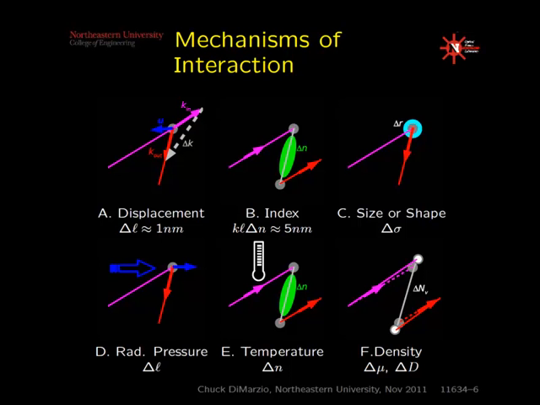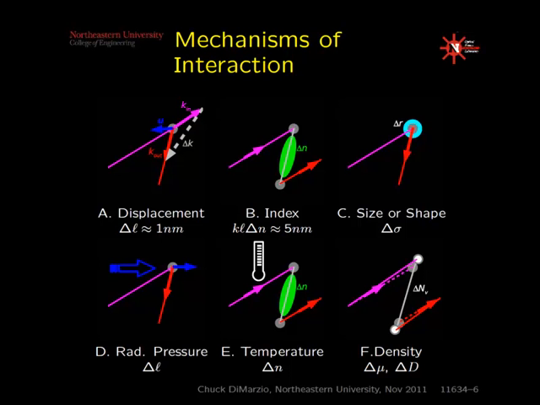The path now becomes physically shorter or longer as the particle moves back and forth, and this happens at the ultrasound frequency. So in these two mechanisms, the phase of the scattered light that follows that particular path is modulated by the ultrasound at the ultrasound frequency.